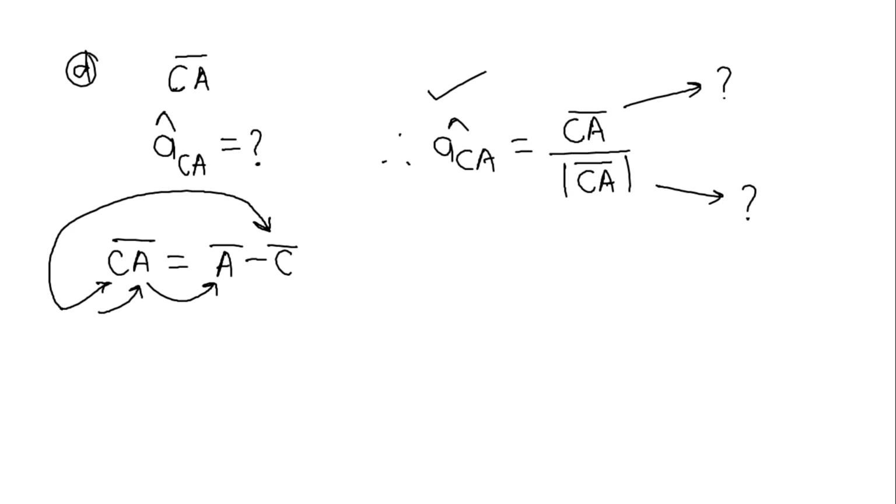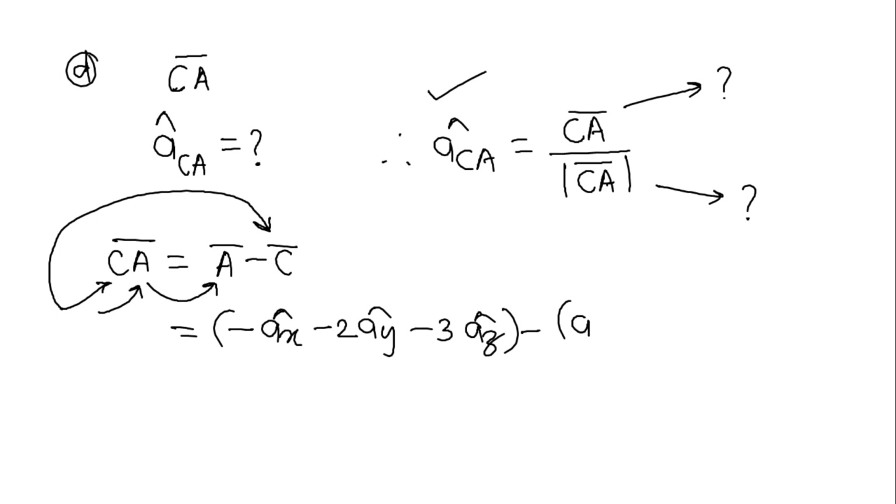We will write A bar first of all. So what is A bar? You remember A bar is minus ax cap minus twice ay cap minus 3 times az cap, and the subtraction from this is for the vector C, where I write ax cap added by 2 times ay cap further added by 3 times az cap here.